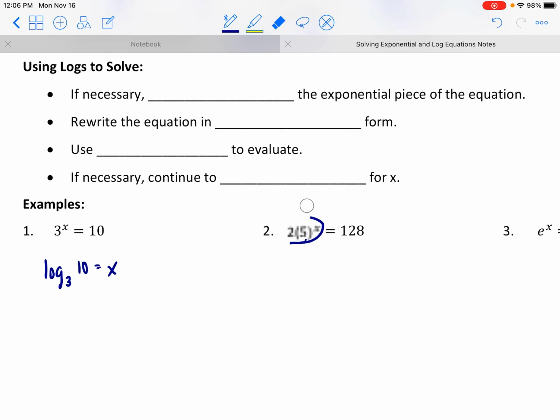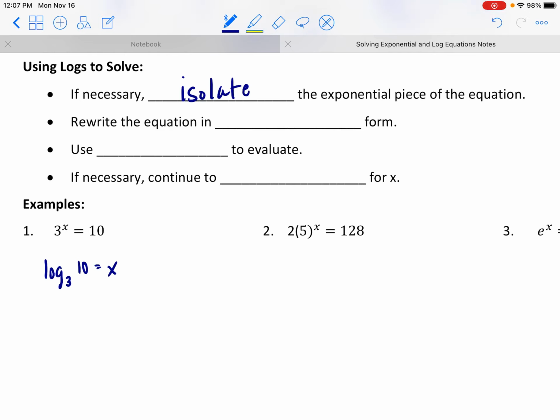So if we have anything extra in our equation, like a times 2 or something plus 1, we want to get rid of that first so that I have a base, I have an exponent, and I have something after the equal sign. 3 things are what we need to rewrite, 3 pieces. If we have anything extra, there's no spot for it in the rewriting. We've got to get rid of that first. So if necessary, we're going to isolate the exponential piece of the equation. That means let's get it by itself.